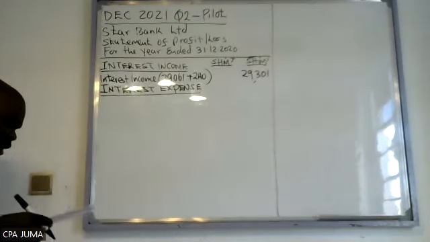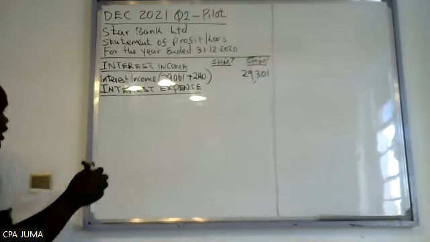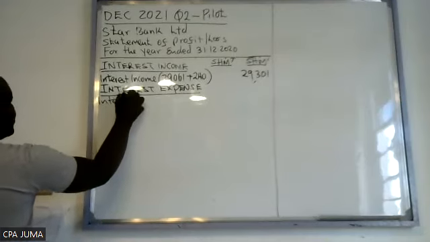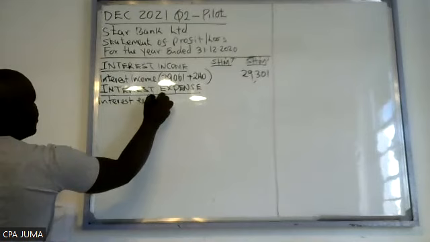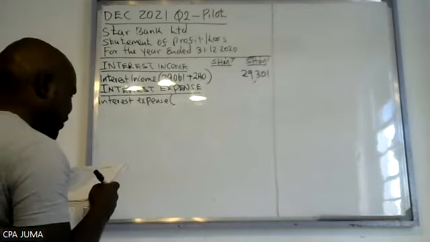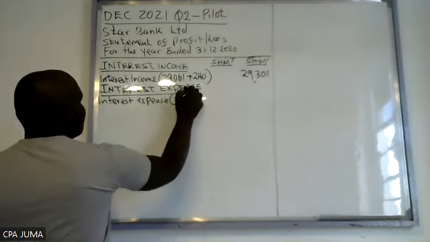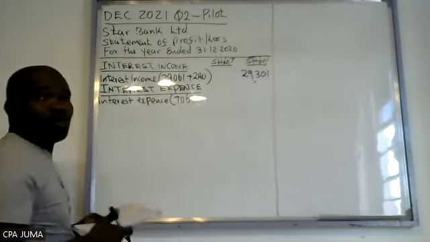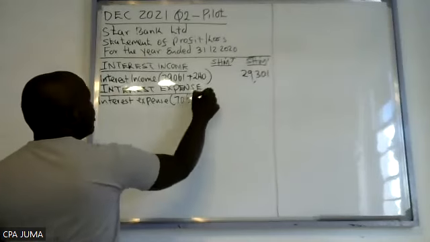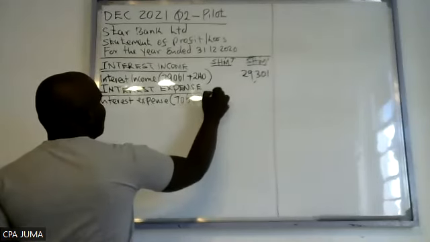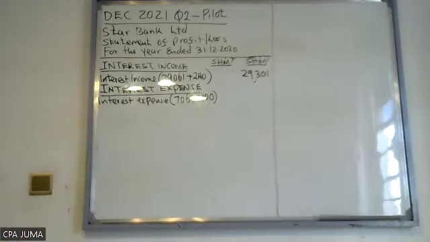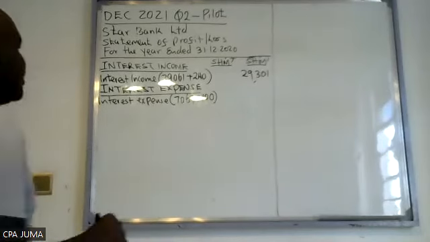Interest expense, they have just also mentioned it like that. Also there was accrued. So that one is 7069 plus accrued in note 1, 100. So that one would be 7169.